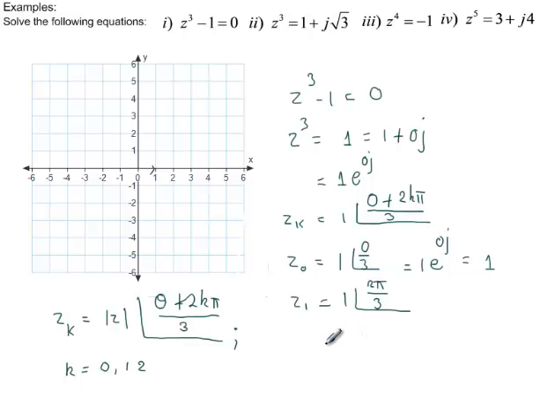Then we need to write this in rectangular form. This would be 1 times cos 2 pi over 3 plus j sine 2 pi over 3. Can you find out what number this is?